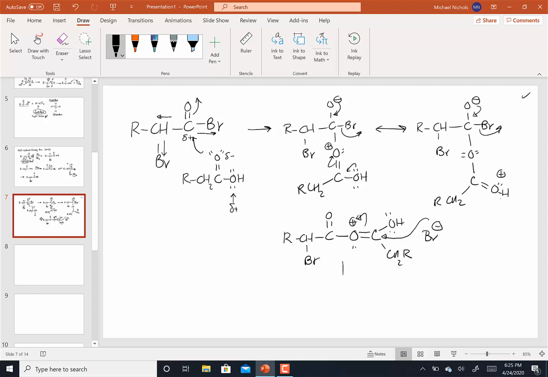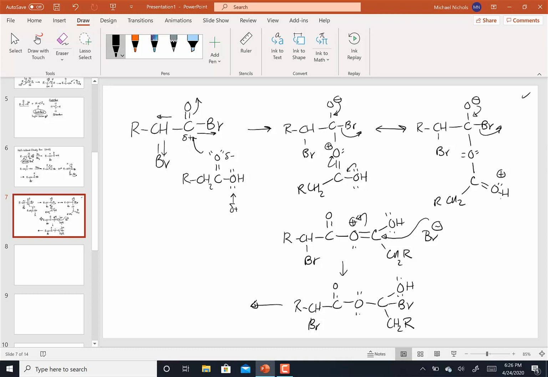So when that happens, I'm going to end up with that species. Now that's an interesting species that I'm going to have to rewrite and put into a molecule that we're going to see in the future.